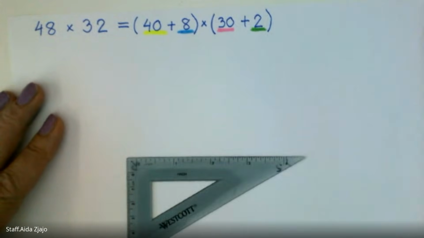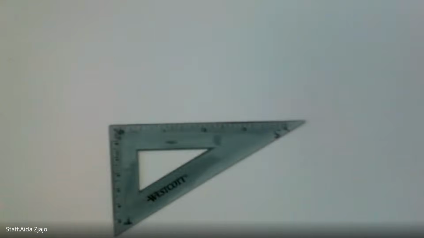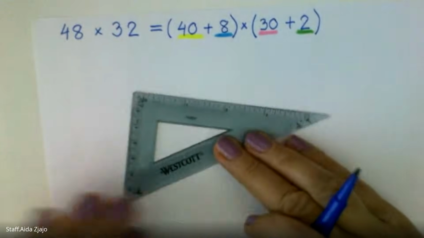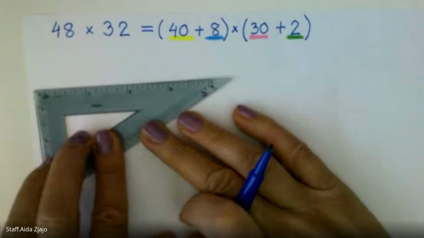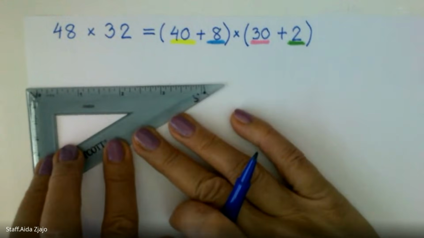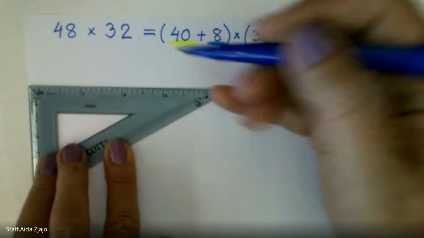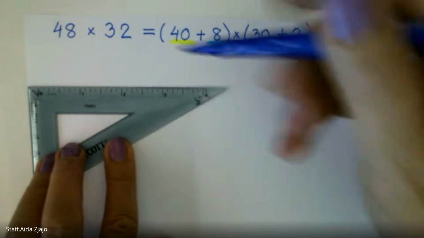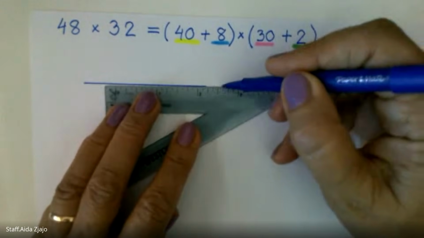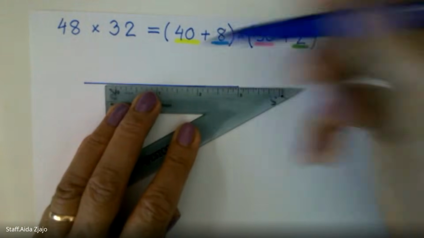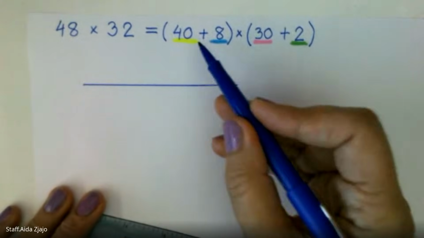So now I have my ruler, and I'm going to make a line parallel to the edge, to make it more precise. I'm going to draw a line, and that line is going to represent my 40 and 8.